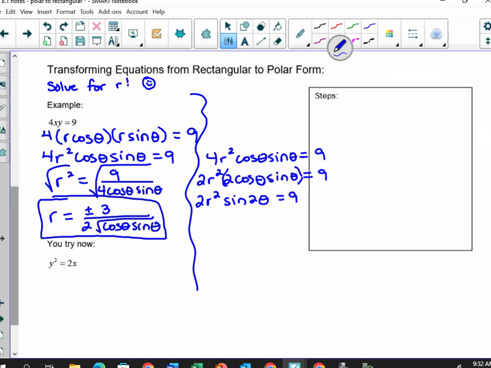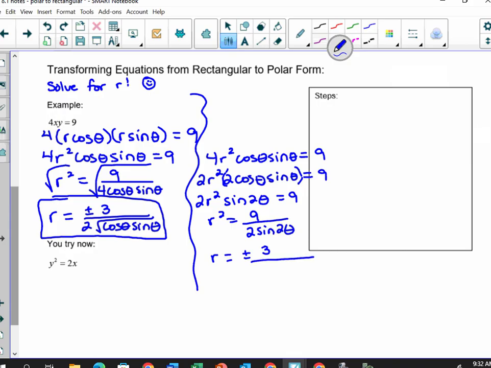Are you going to have multiple choice on the cumulative? Maybe. Would you simplify all the way, like solve for r? Yeah, I'm going to keep going. We're just ending this page, guys.